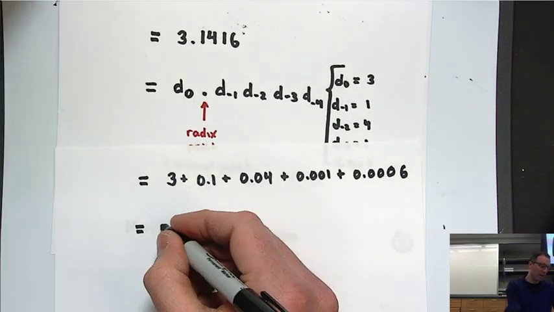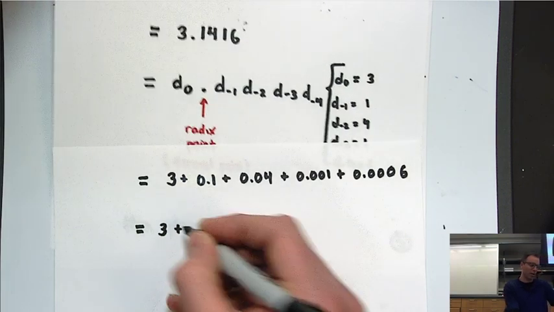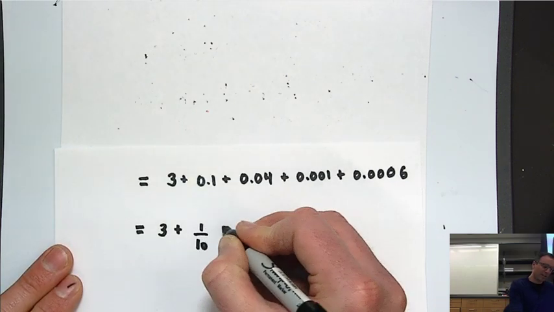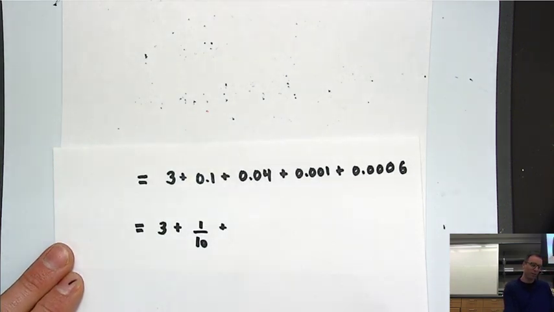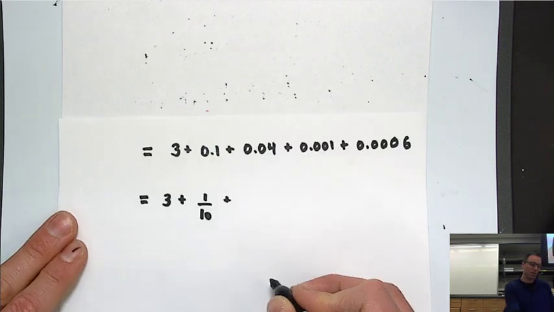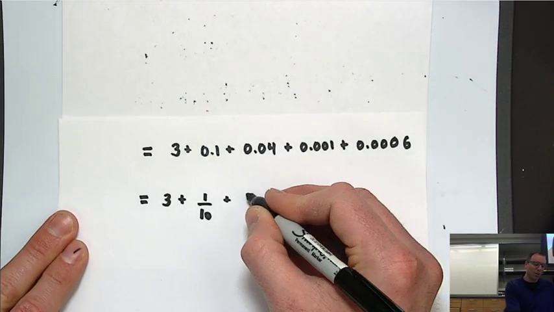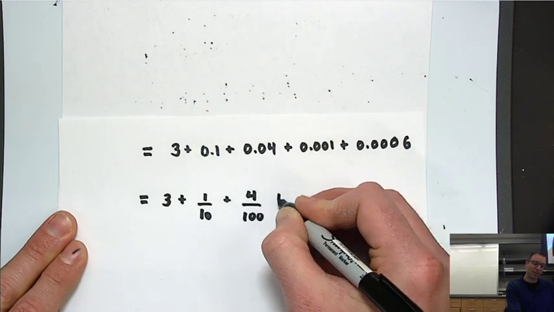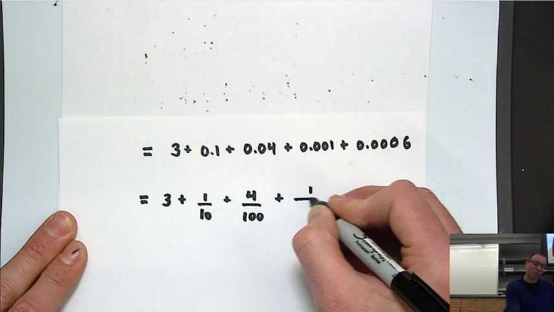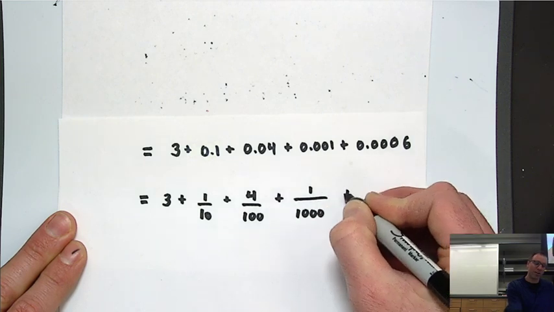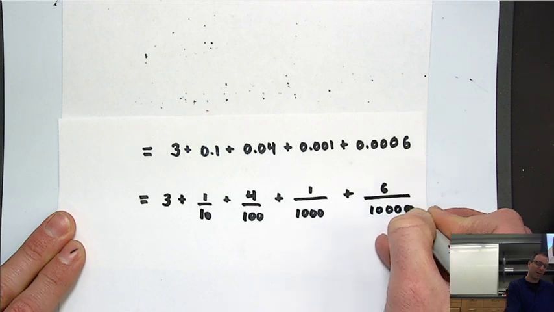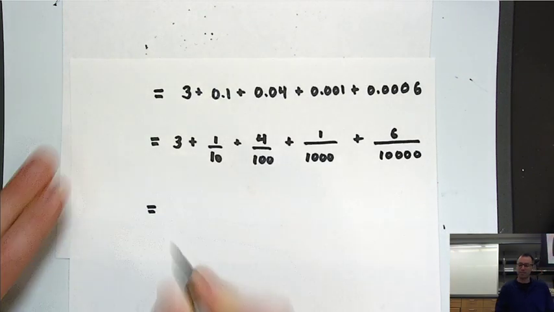So that would be, yeah, let's just start with 3 plus what? 1 divided by 10 plus, we'll get there. 4 divided by 100 plus 1 divided by 1,000 plus, okay, anybody see?